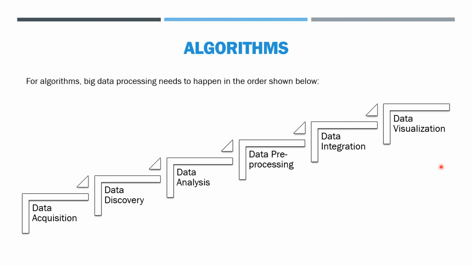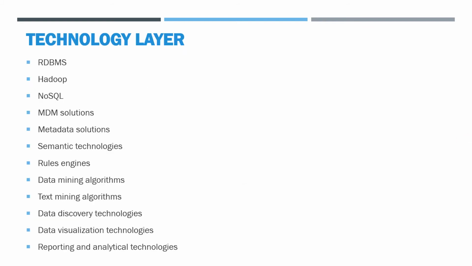Now that we have the data and the associated types of algorithm, before we discuss the integration strategies, let's do a little recap on the technology layer. The technology layer we already discussed in the previous chapter, the technologies involved in the data warehouse, and also in chapter 3 we discussed technology involving big data.